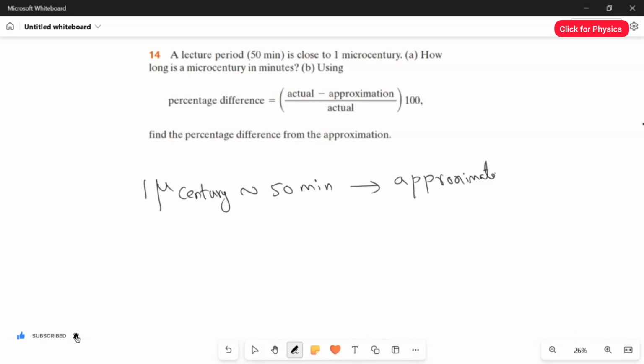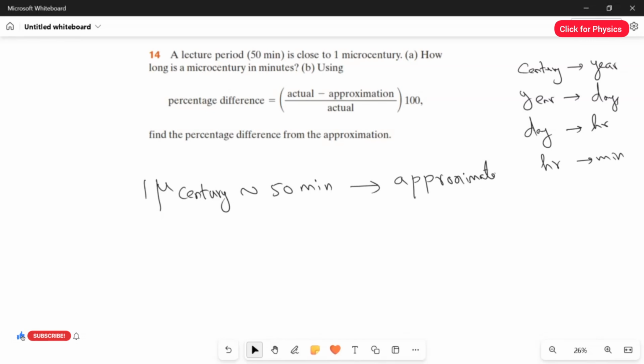What are the conversions we have to do? First, we have to convert century to year, and then from year to days, and then day to hour, and then from hour to minute.